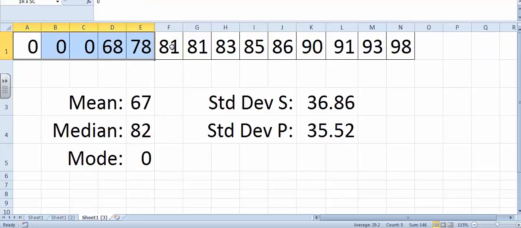And if you look at just what's happened here, it should be pretty clear that really everybody who wrote the test and made what would be considered a normal or a decent attempt at it did better than the 67. So the 67 really is not a good indication of this information. Without standard deviation, maybe we wouldn't recognize that.